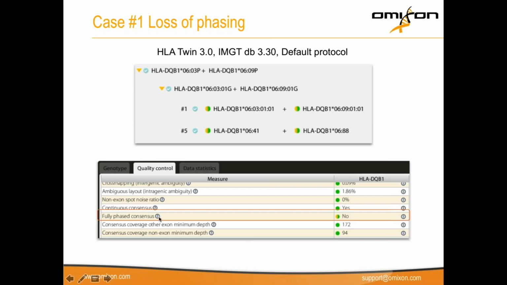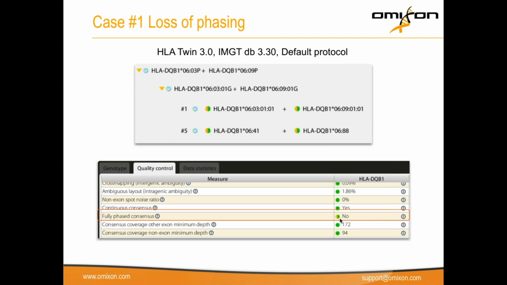Here we have the result of DQB1 locus 06030101 and 06090101, which is ambiguous with allele pair 0641 and 0688. All 23 quality control metrics are passing with a green traffic light, except the fully phased consensus.